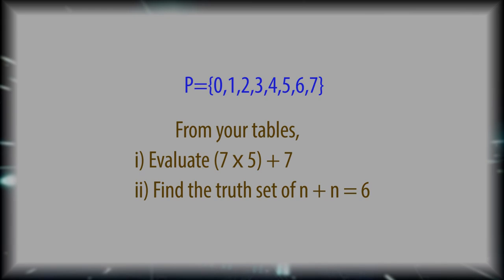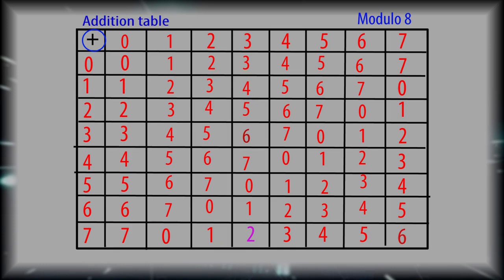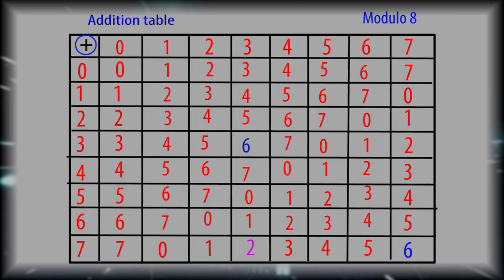The second question says, find the answer to n plus n is equal to 6. Because the sign is plus, you have to go to the addition table. We go to the addition table, and as you can see, it is n plus n, which means the same number in the first space should be the same number in the second.